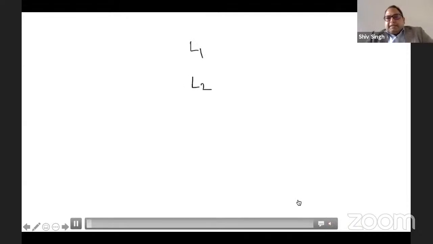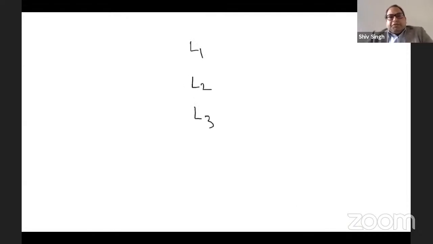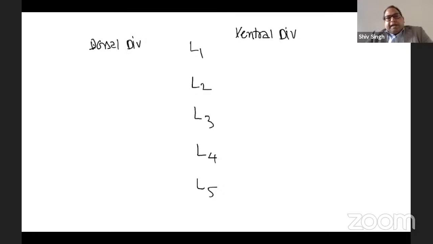So the lumbar plexus takes origin from L2, L3, L4. L4, L5 forms part of the lumbosacral trunk. And then we can divide these into ventral divisions and dorsal divisions. And the femoral nerve takes origin from the L2, L3, L4 dorsal division.